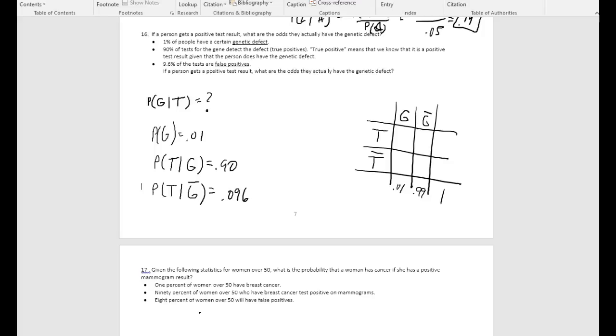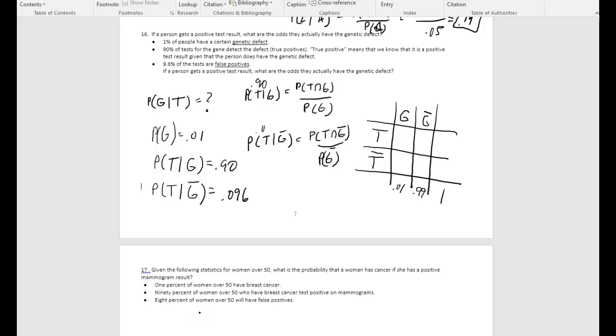So we do what we always do here. We have written down what we know in our table, and now we have a couple of conditionals that we need to use. So we break the conditionals down into their intersections and marginals. So probability of T given G is equal to the probability of T and G over the probability of G, and then the probability of T given not G is equal to the probability of T and not G over the probability of not G. So we write down what we have.